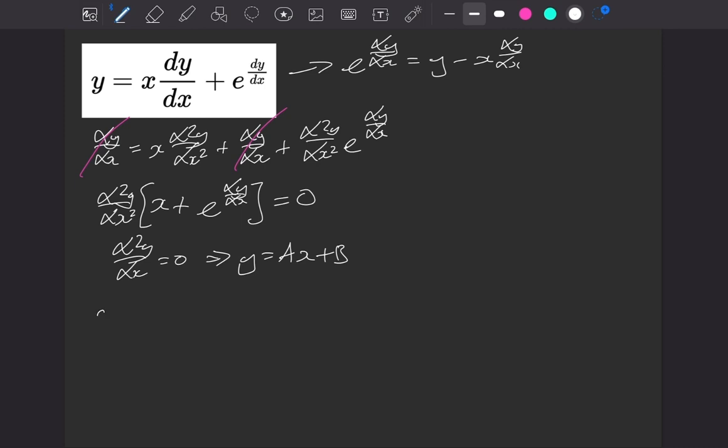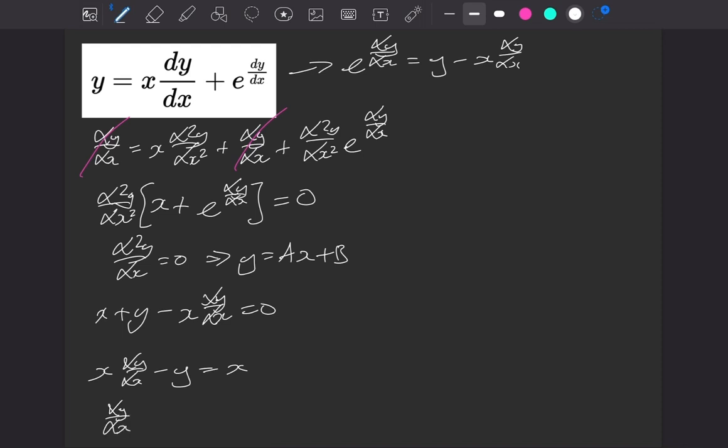We'll have x plus y minus x dy/dx, and that equals 0. We can rearrange a little bit then. We'll try and make the dy/dx positive, and we'll bring the y with it as well. So we'll have x dy/dx minus y is equal to x. And what we'll do now is divide by x everywhere, so the dy/dx is just by itself.